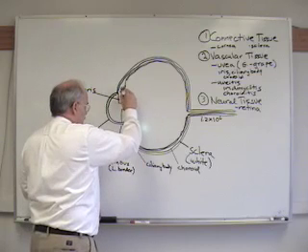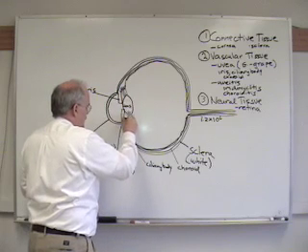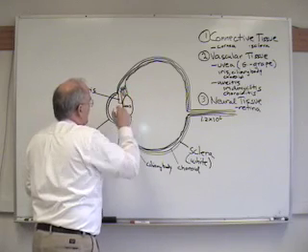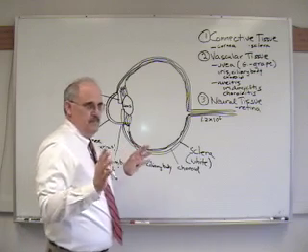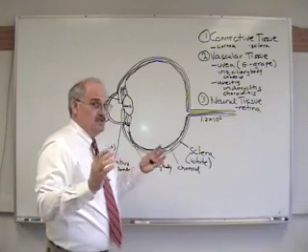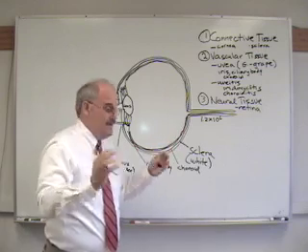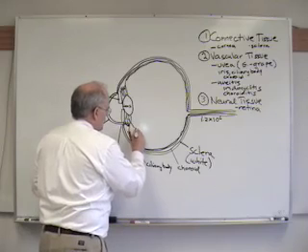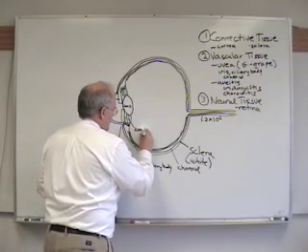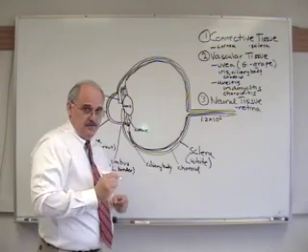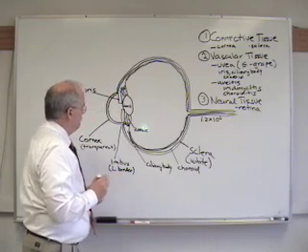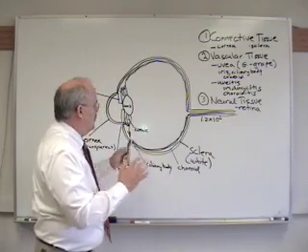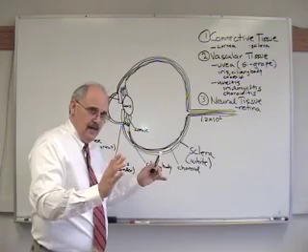It's suspended from the ciliary body by these, well, let's call them suspension ligaments, or call them whatever you want. But the name for those is the zonule, the suspensory ligaments of the lens. Okay? So those are the major structures of the eye.